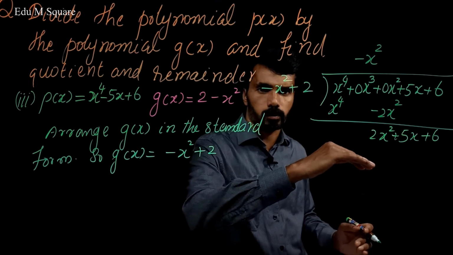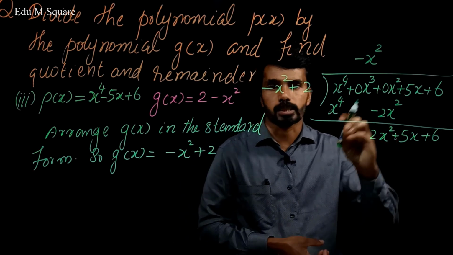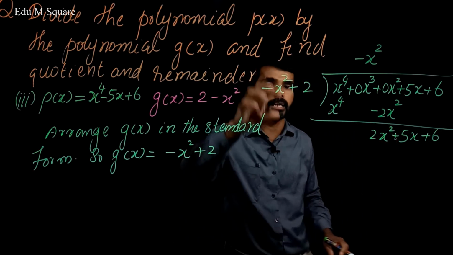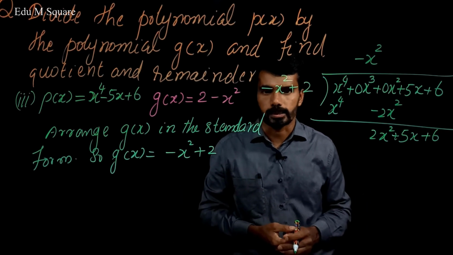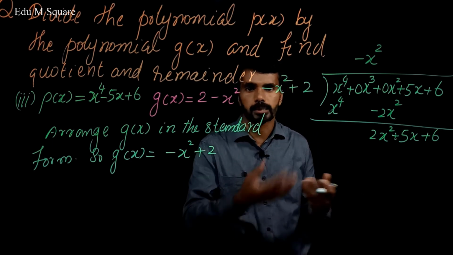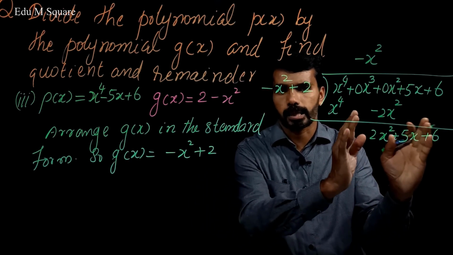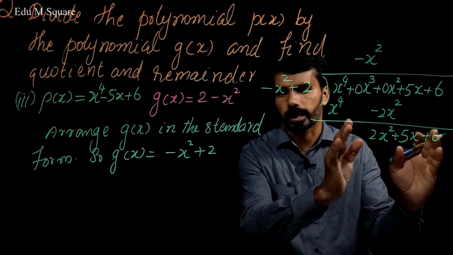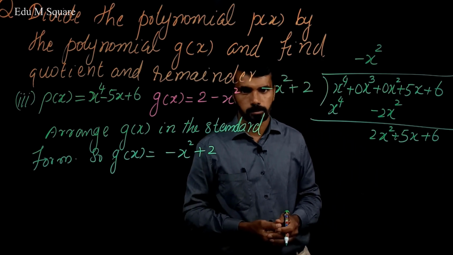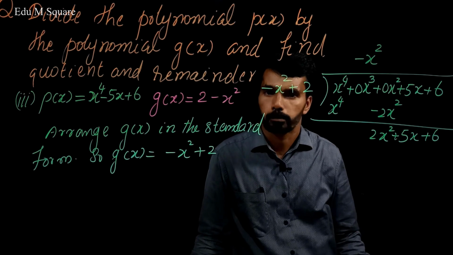Next we check whether the degree of this remainder is less than the degree of this divisor. Is it? It is not less than. So let us continue the division process. For that we consider this remainder as the new dividend. So the new dividend here is 2x square plus 5x plus 6.